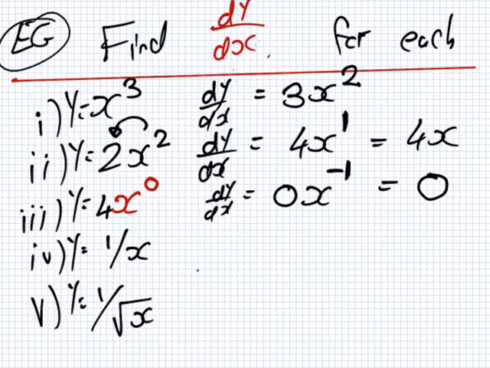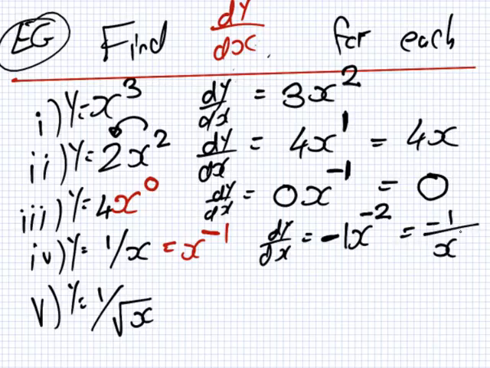Now, what about this one? Well, before I started, I should change this into x to the power minus 1. And now I can use the rule. dy/dx equals minus 1 x to the power minus 2. So this is minus 1 over x squared. Do you have to put it in that form again? No, it's okay. Sometimes in the exam they ask for this, sometimes not. Okay.